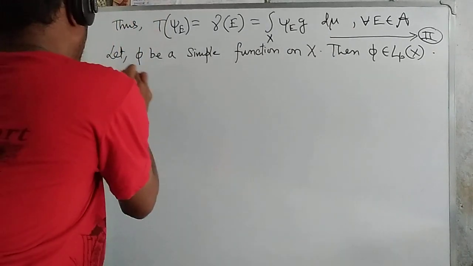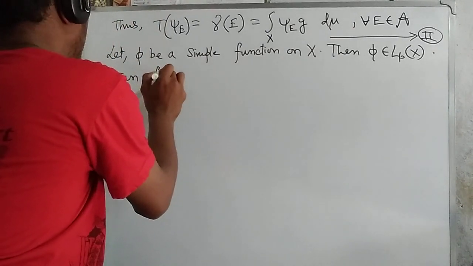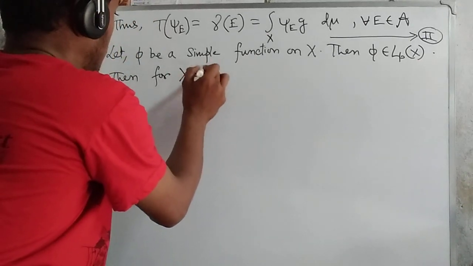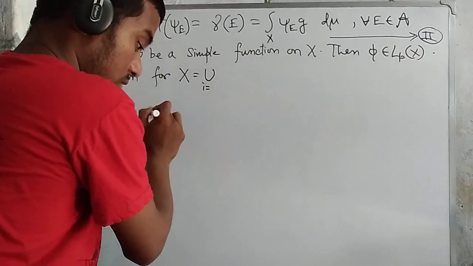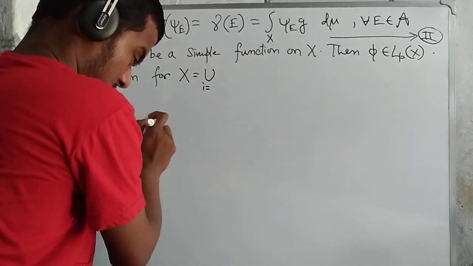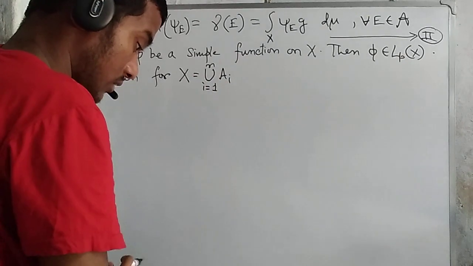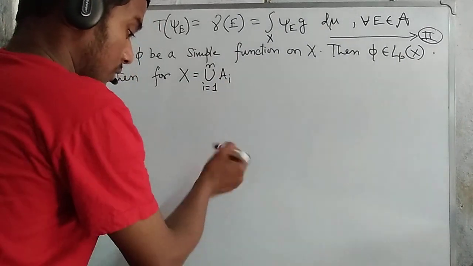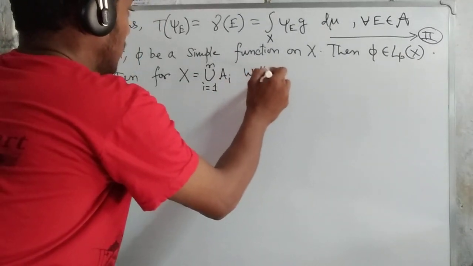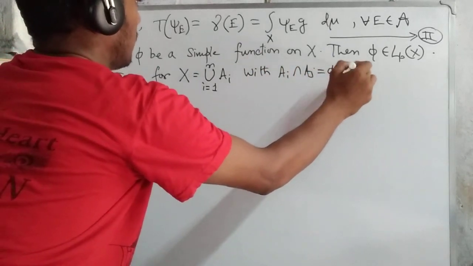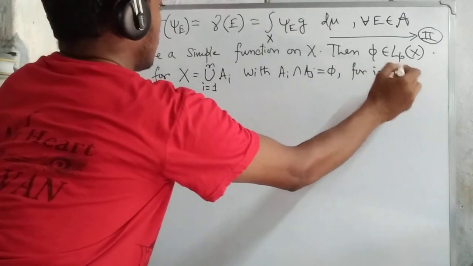Okay, then for X equal to the union of A_i, i equal to 1 to n, with A_i intersection A_j equal to empty set for i not equal to j.